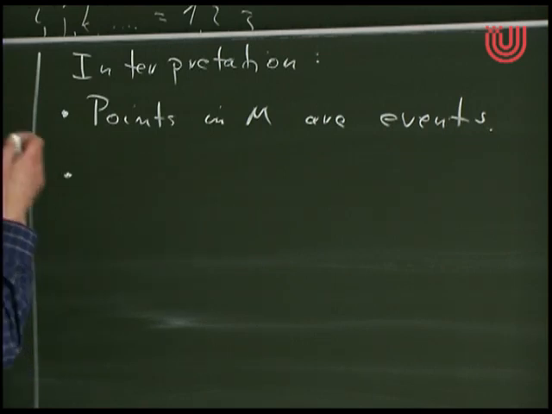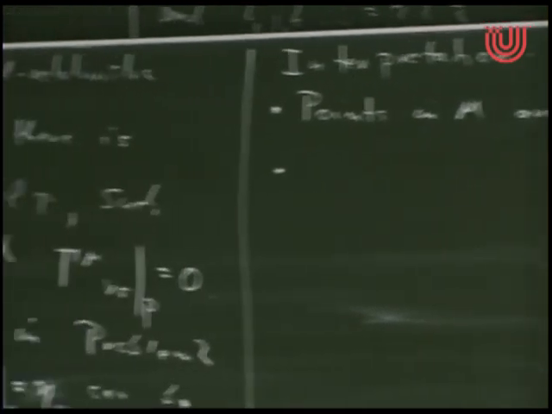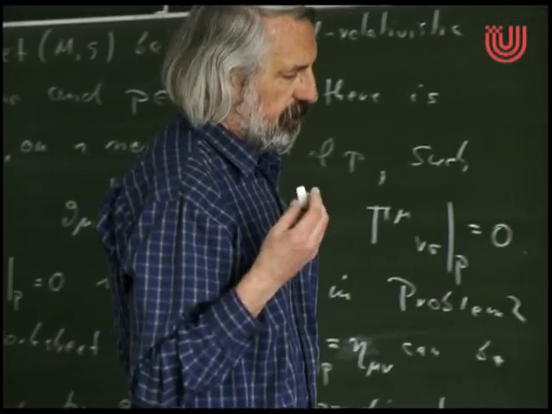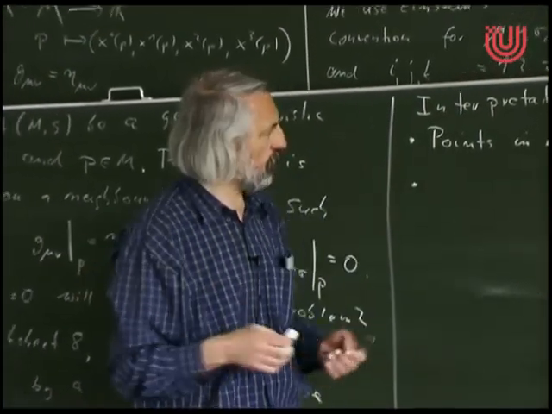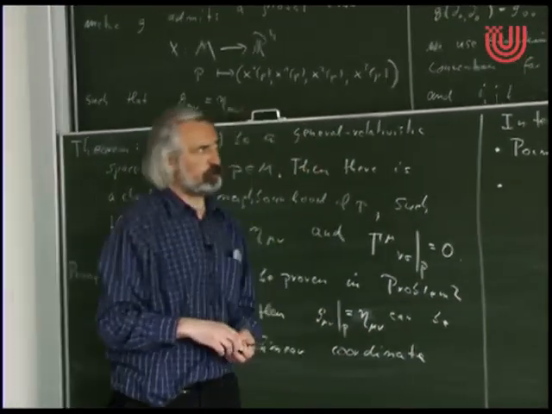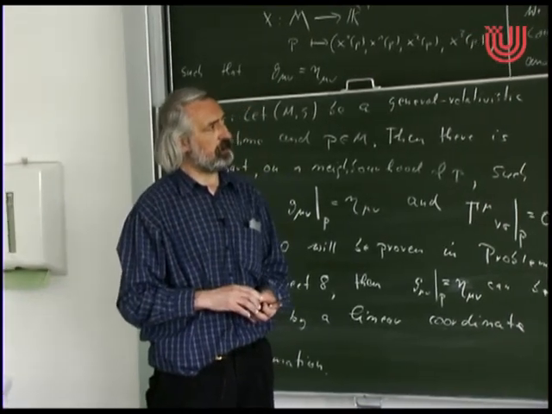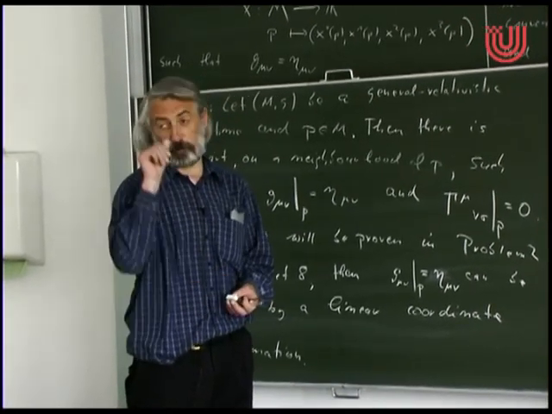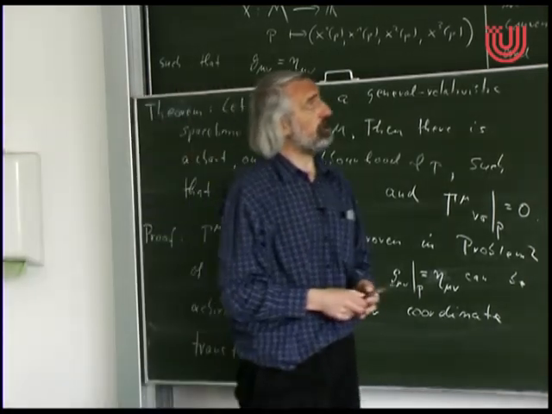Then in special relativity, we had particles moving on time-like curves, right? The requirement that something is a massive particle was that it should be inside the light cone. It should not move at a superluminal speed and not even at the speed of light. So it should really be inside the light cone. That's what we interpret as possible world lines for particles. And precisely the same thing we formulate now for general relativity.